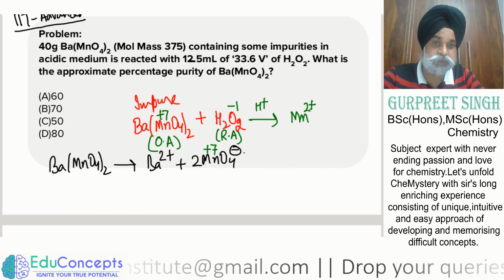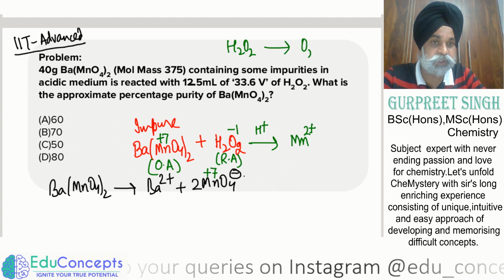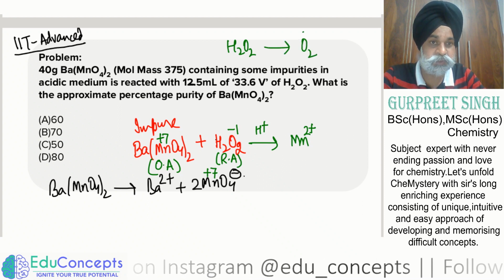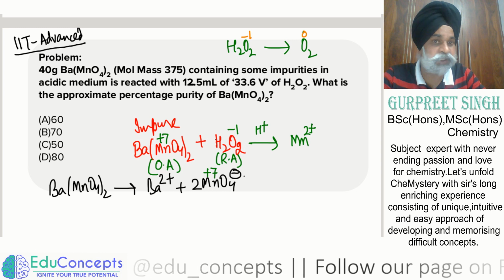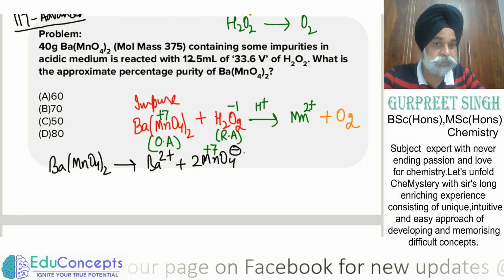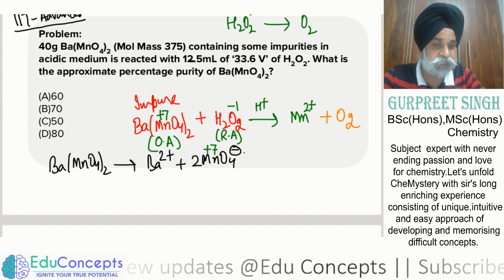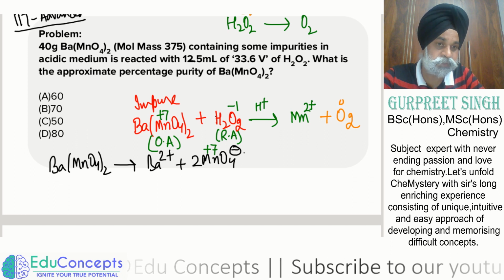When H2O2 acts as a reducing agent, it produces oxygen, because here the oxidation state is 0 and here it is -1. So here oxygen is formed. These two oxygen atoms which are in the -1 oxidation state are going to 0.